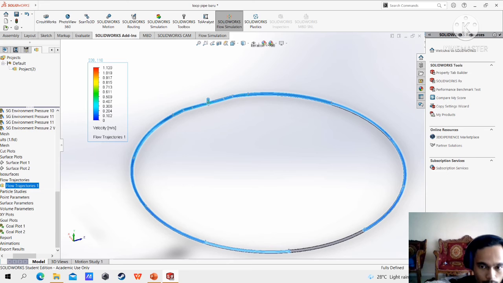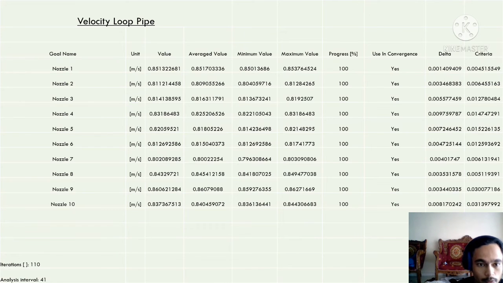So compared to straight pipe configuration, the velocity in the loop configuration is slightly lower. So this is the data for velocity of loop pipe configuration, and we can see that the value is slightly lower than the straight pipe configuration.